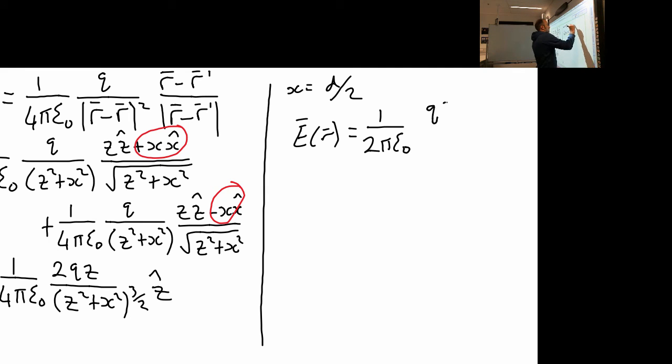So now just to complete this, what we do know as well is that x is equal to d over 2. So we have our electric field equal to 1 over 2 pi epsilon naught times qz divided by z squared plus d over 2, squared, all to the power of 3 over 2.